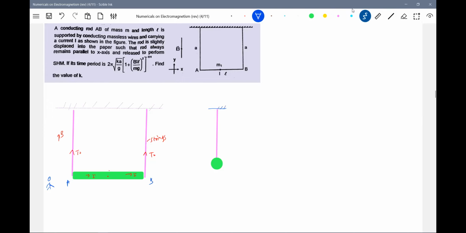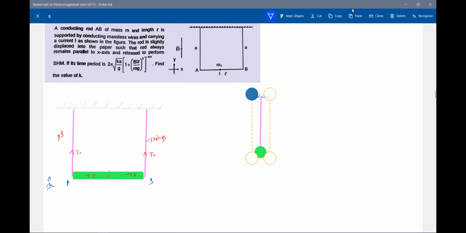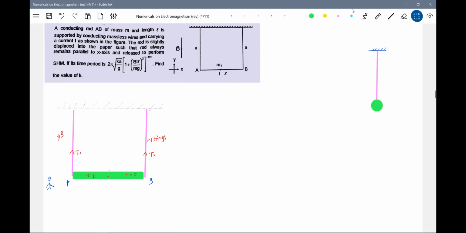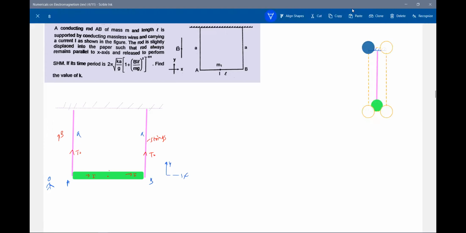Convert this into a plane diagram. Don't again jump to the 3D diagram. I'll come here; this is what we are doing. I think of a coordinate system XY. And now what we'll do is I'll just displace this.